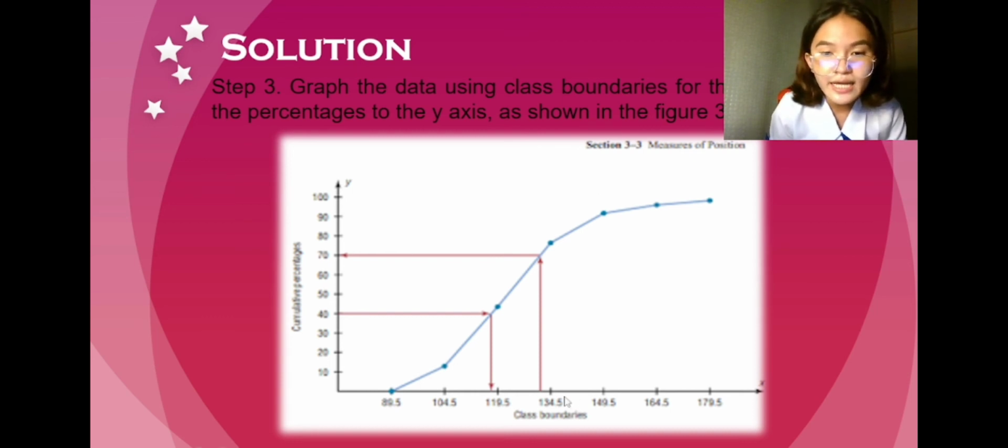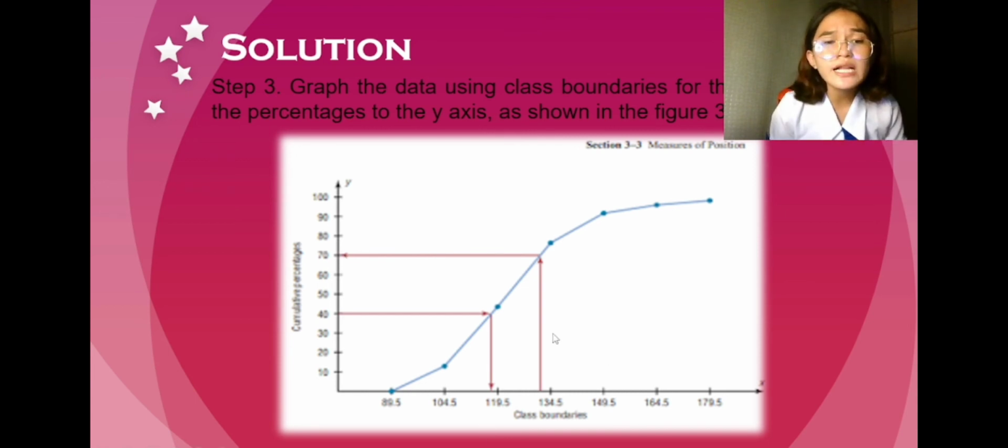So a vertical line here, and then move horizontally to the y-axis. Note that the blood pressure of 130 corresponds to approximately the 70th percentile. So here and to here, 70. That's how it goes, class, right?